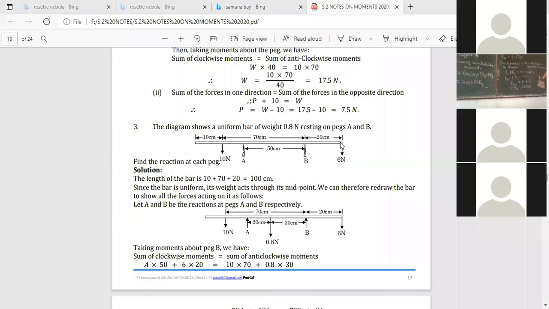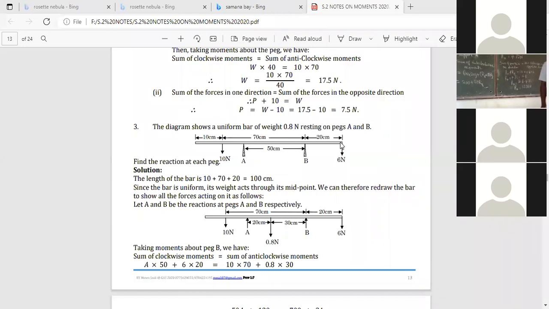But somebody who is adventurous can even select the point 0 and put the moment there, because the statement reads moments taken at any point. So the selection of the pivot is up to you. The most important thing is to obey the rules that follow. Is that clear, girls? Yes, it is.